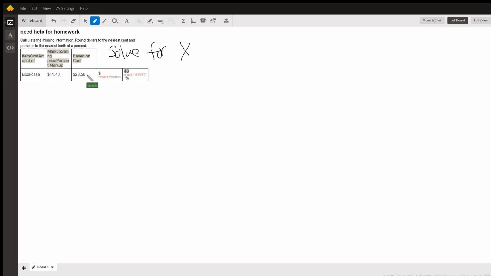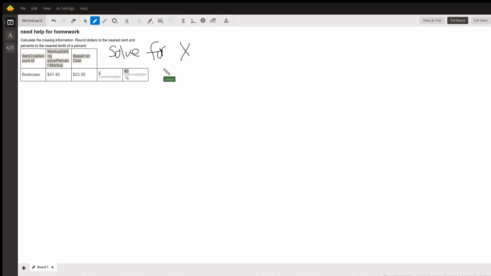So the question at this point, what's the difference between the two? Or in other words, how much money was added to 2350 to equal 4140? The way that we find out how much money was added is we just find the difference, right?